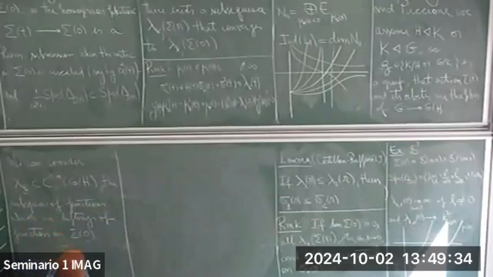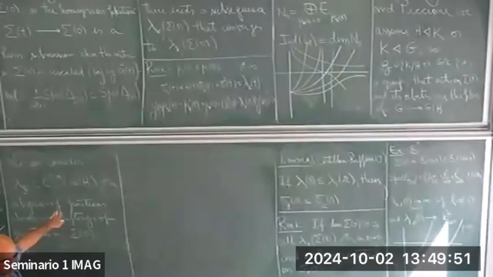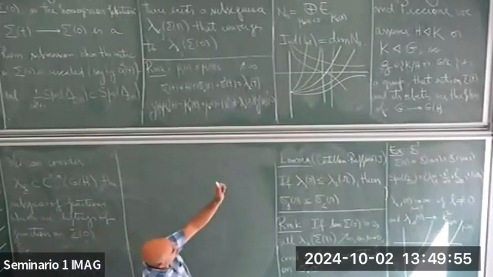And so when we are restricted to this subspace, all the eigenvalues go to 0. Okay, so we don't have any more the red ones.